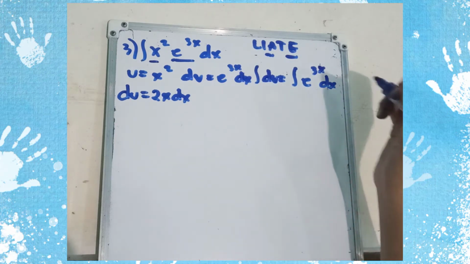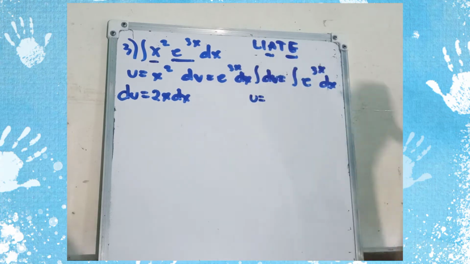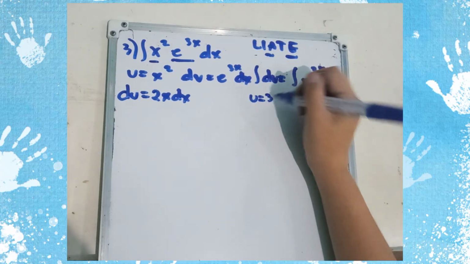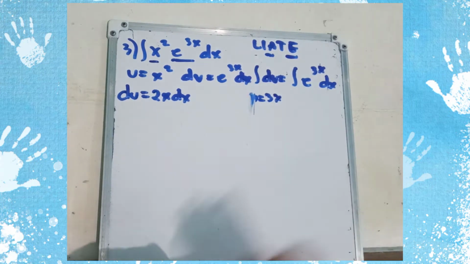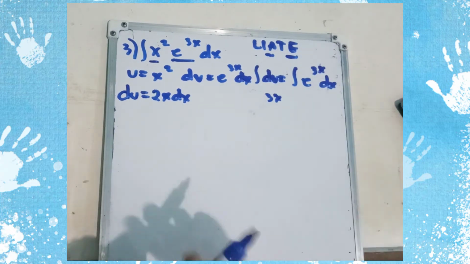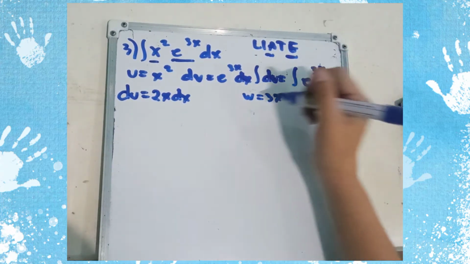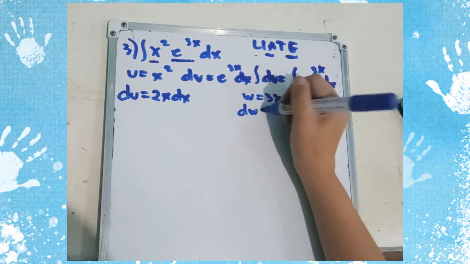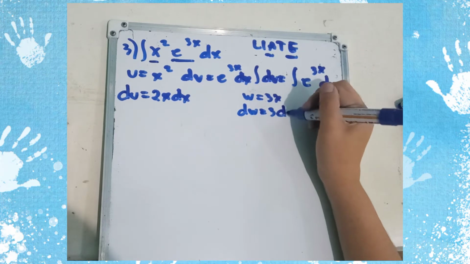So if we let u be equal to 3x, I'm sorry, we already have u, so let's use another variable. Let's have w. If we let w be equal to 3x, dw is 3 dx.